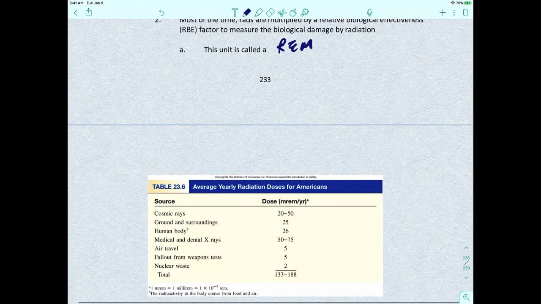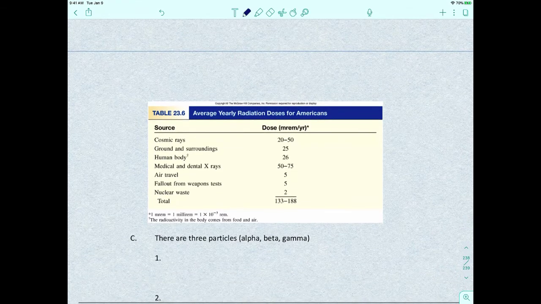Now, keep in mind that this chart was about 2010 when I grabbed it. But this basically is going to tell you the yearly radiation dosage for Americans. From cosmic rays, depending on where you're at, you're getting about 20 to 50 millirems per year. If you're making like 1 flight a month, you're getting 5 millirems per year.